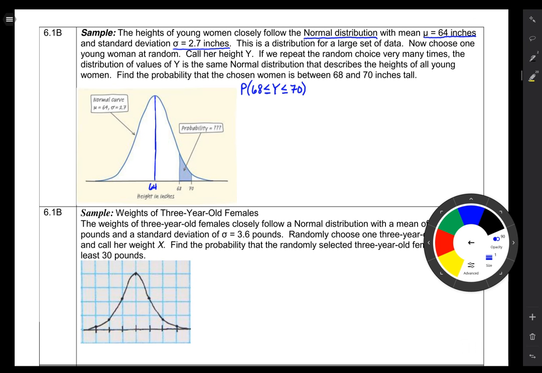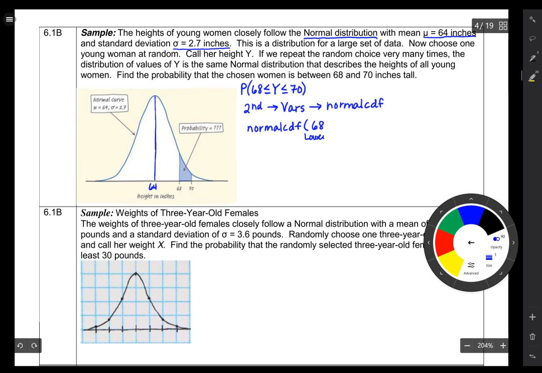This hopefully brings back memory. You hit the second key, then vars, and then you're going to use normal CDF. You are asked for given prompts, and you have to write down what your values mean. The first one is the lower bound, your left bound value, which is 68.